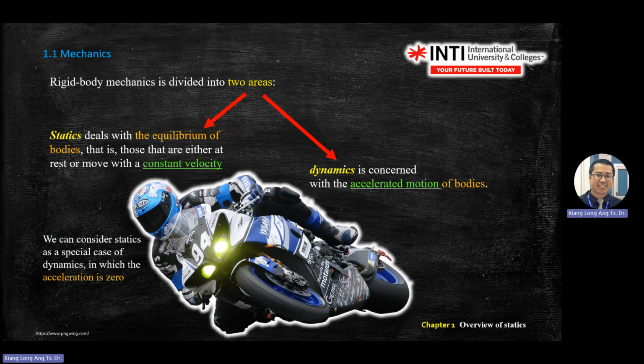And in statics, the keyword highlighted in green color is constant velocity. When you have constant velocity, what happens to your acceleration? Zero. So for statics, you already know your acceleration most of the time is zero. However, next semester, if you take dynamics, most of the time it's not zero. So if you find your acceleration has some value, then you need to think twice.